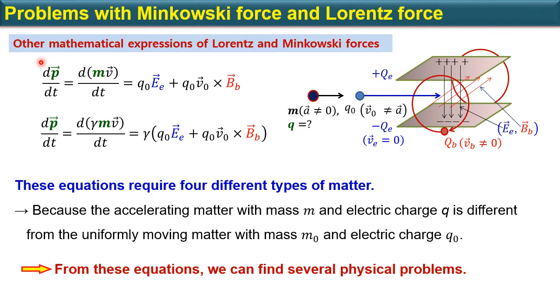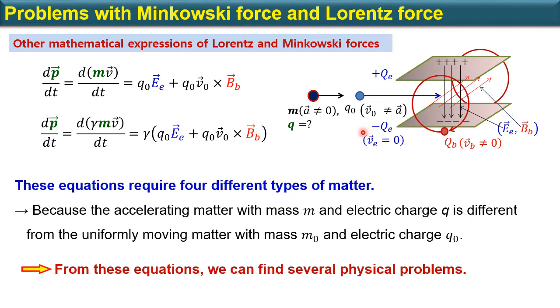We are also familiar with these equations shown here. But these equations require four different types of matter because the accelerating matter with mass m and electric charge q is different from the uniformly moving matter with mass m0 and electric charge q0.